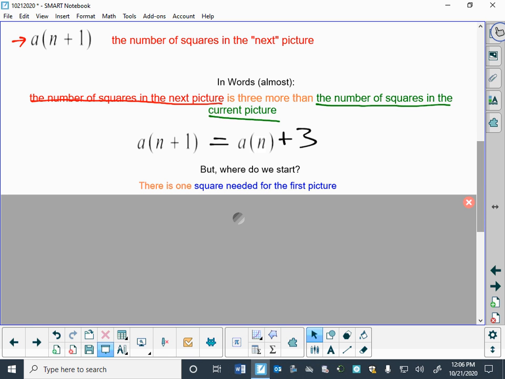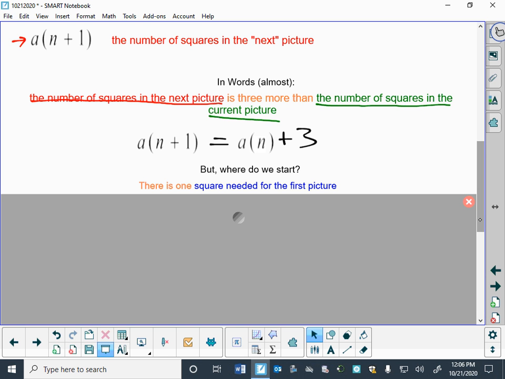Okay. All right, but this is missing something. It's not enough for me to just tell you how many more you need for the next one, because I never told you where to start in the first place. If I say I'm thinking of a list of numbers, and the way you get from one place in the list to the next place in the list is to add 3, and I ask you what's the next number, well, if I never gave you a starting point, then you have nothing to add 3 onto.